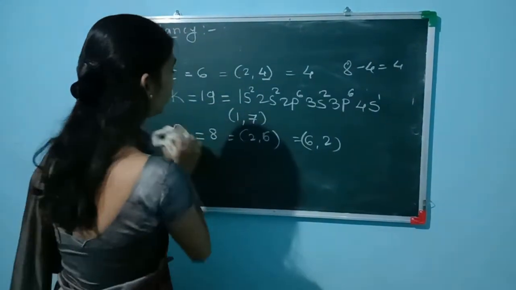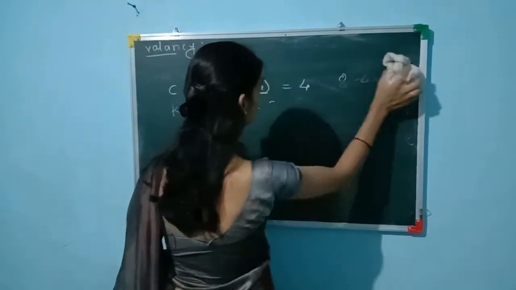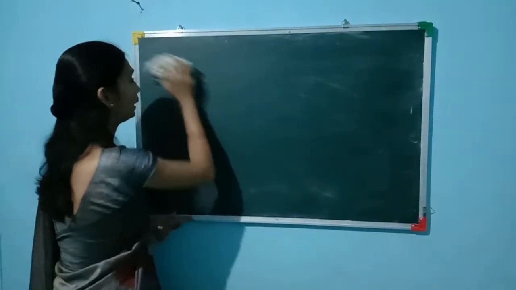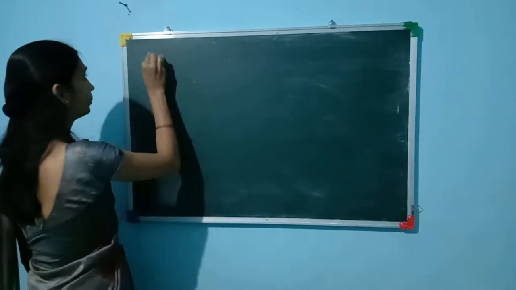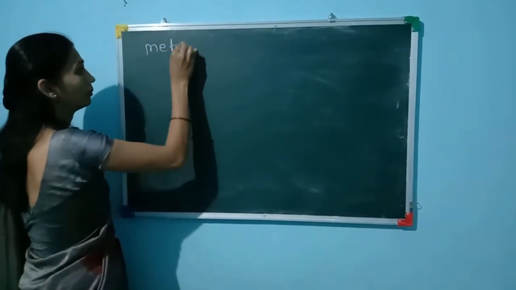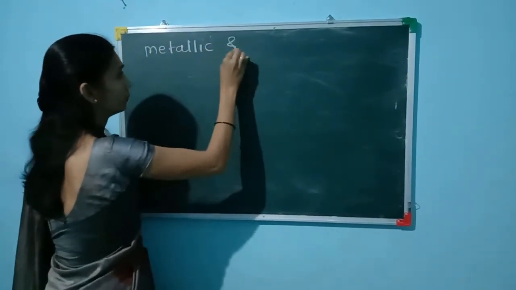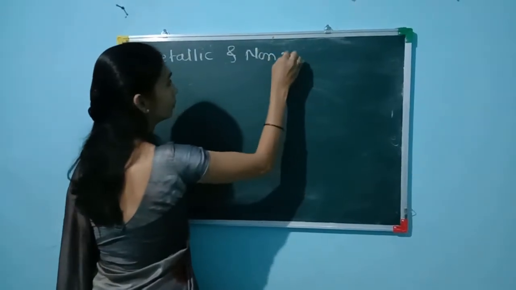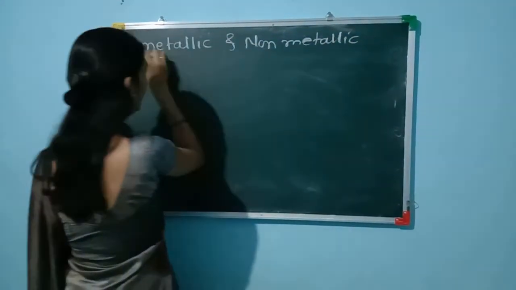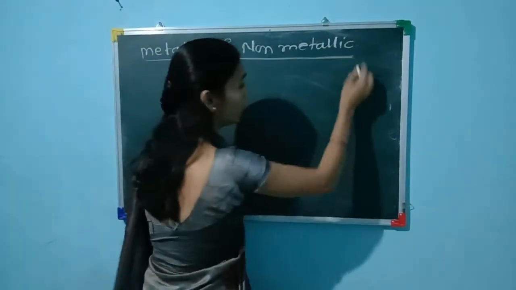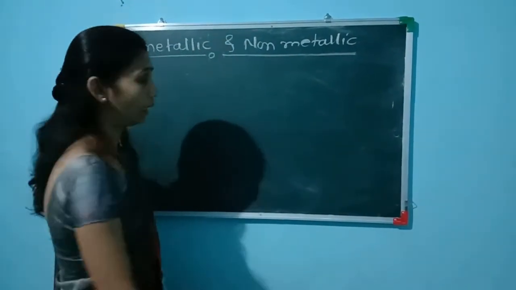Now the next point we discuss, the second chemical property, is the metallic and non-metallic character of the elements present in the periodic table.